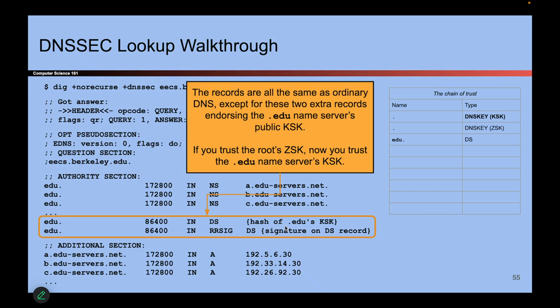It says, here's the next name server's public key, here's a signature on that public key. Therefore, if you trust me, you trust them now because I have signed their public key. So this is how you delegate trust from the root to the .edu name server. More specifically, we're delegating from the root's lower half to the .edu name server's upper half.